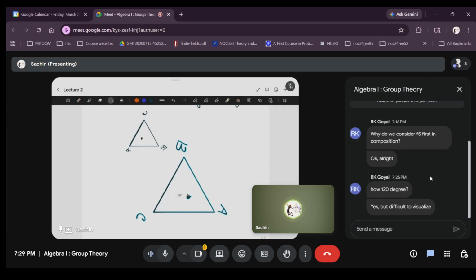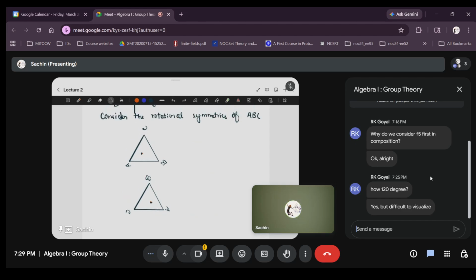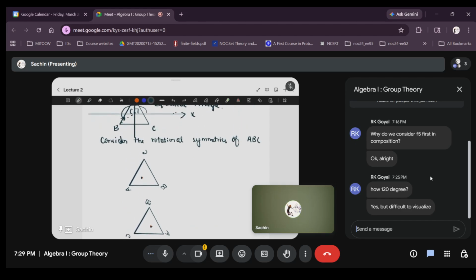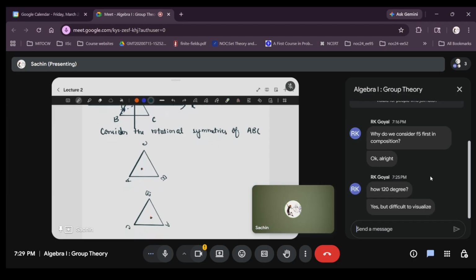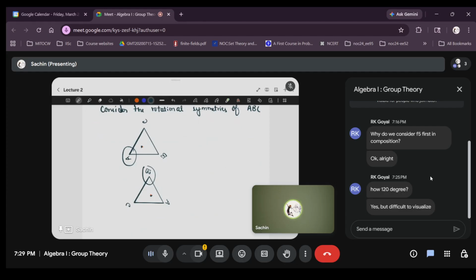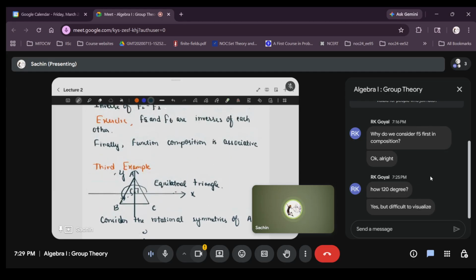So now I have rotated by 240 degrees. And when you rotate by 240 degrees, your A, which was here, you rotate by 120, it will go to this position. Now another 120 degrees, it went to a different position. But if it was unlabeled, you couldn't actually distinguish between this and this, right?